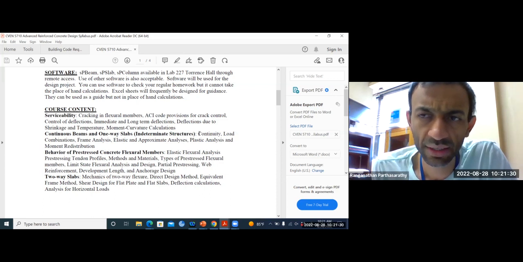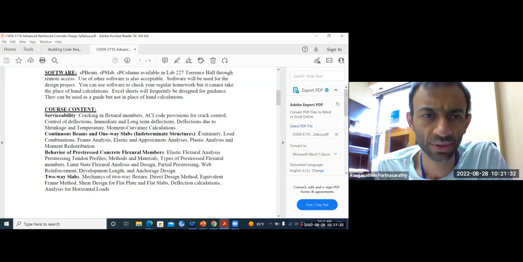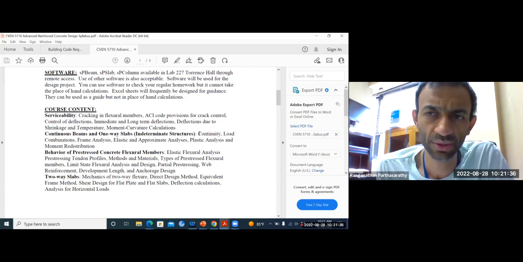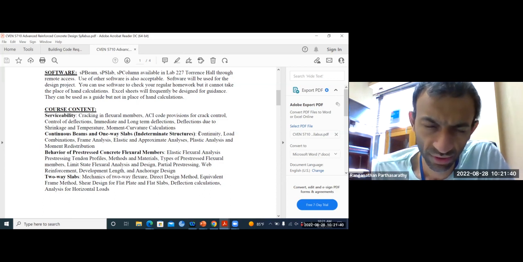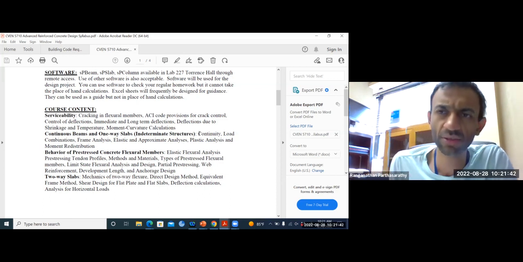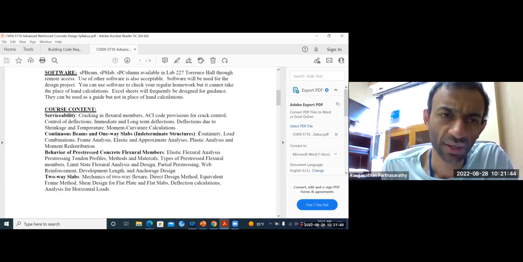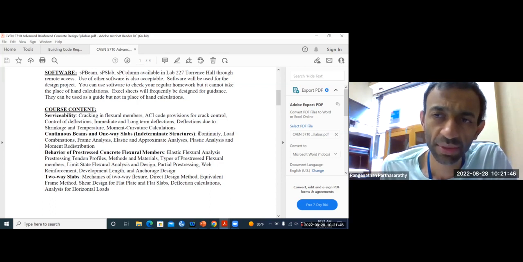The same thing in reinforced concrete structures, you can use some moment redistribution to reduce the amount of steel that you need. For this, a lot of times we will be using design examples from the Portland Cement Association, PCA.